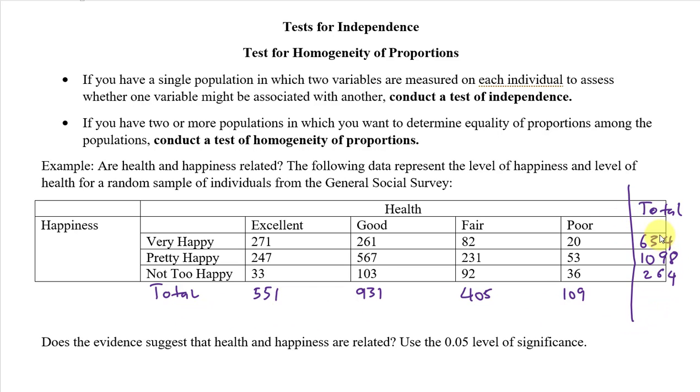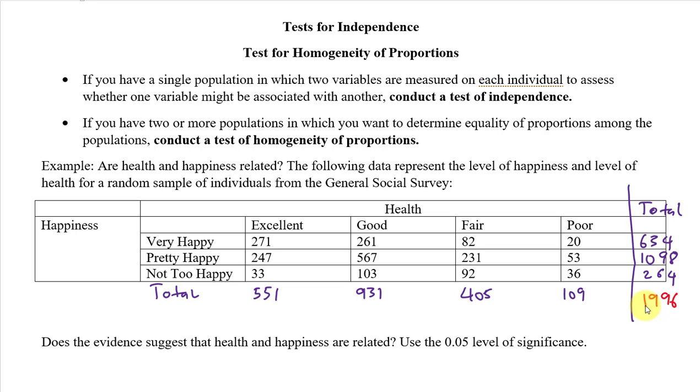Now if I add everything together, the total of everything is 1996. So if you add all the row totals or all the column totals, you should end up with a single value. The total of the table is 1996.